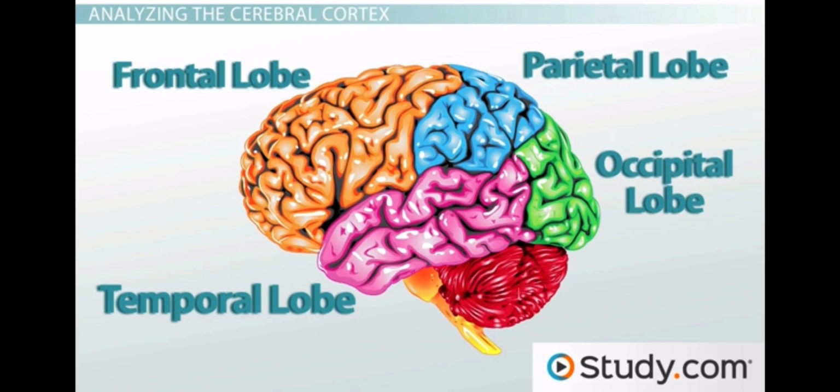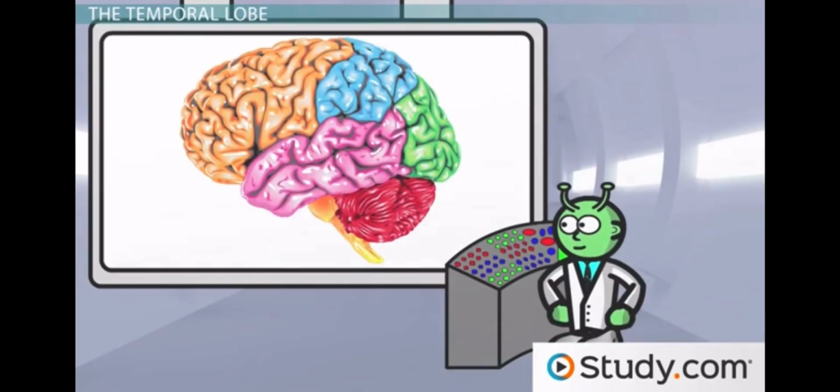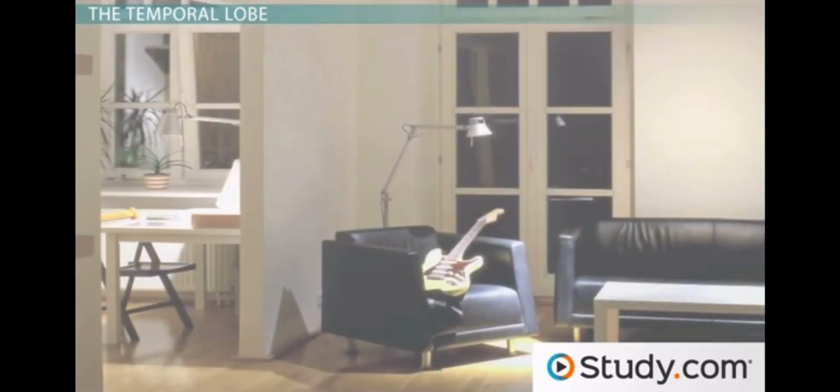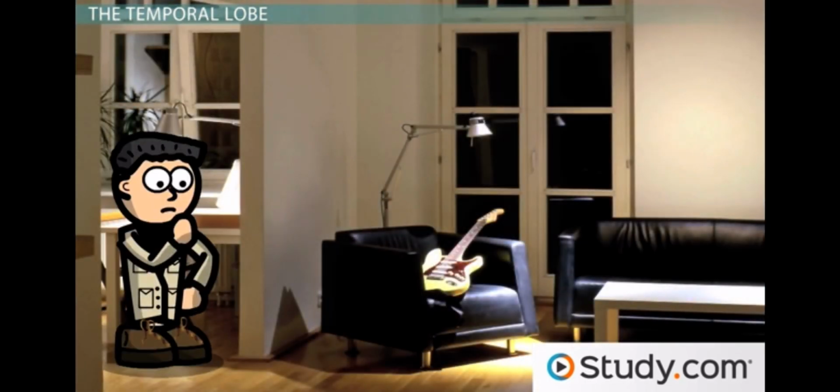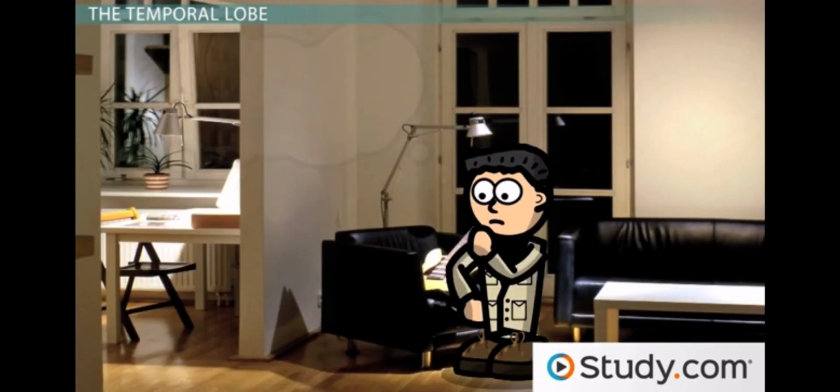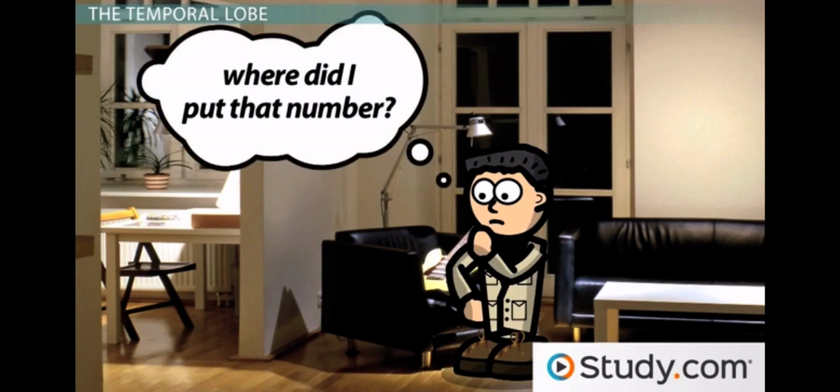So not more than a couple of hours later, Blur was in the control room, monitoring what Phil saw, heard, felt, and thought. It was a Thursday night, and Phil was searching around his house for something. Blur could see from his thoughts that Phil was trying to remember where he put something, a piece of paper that he had written a number on.